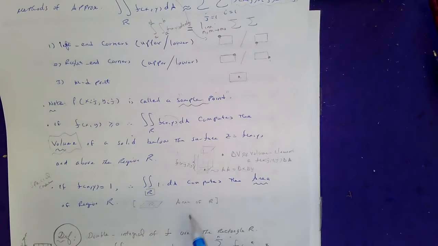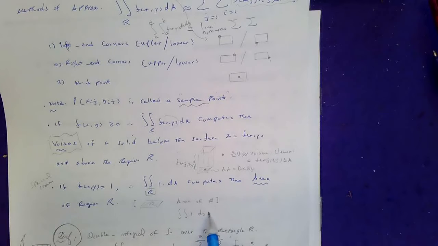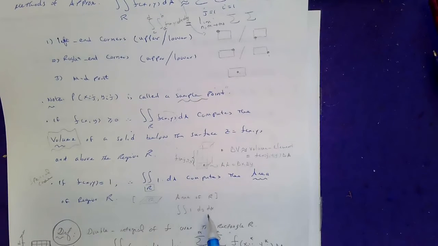In the case of a rectangular region, notice we have 1 dy dx, that would be dA. Let's say y goes from c to d, and x goes from a to b.